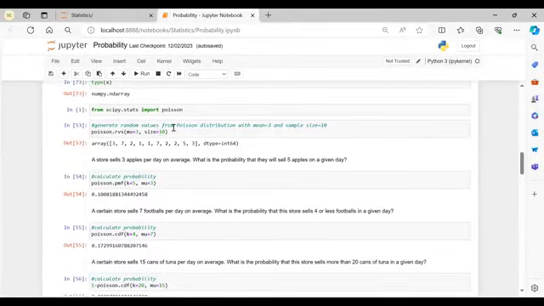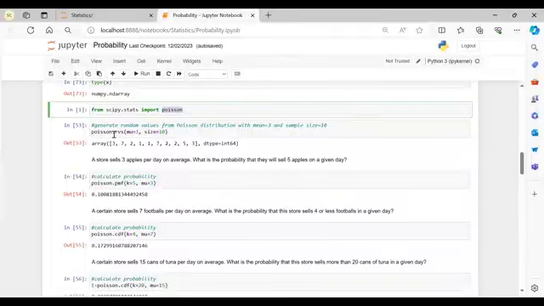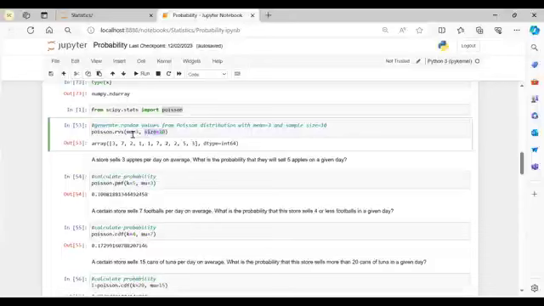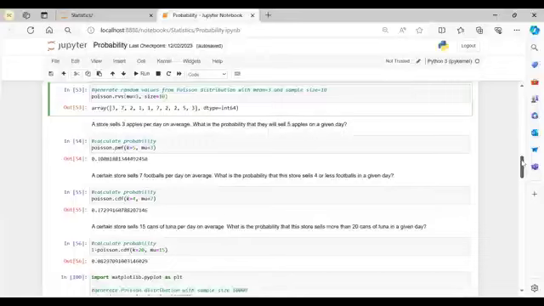Either you can use NumPy, or even with this function you have this RVS method through which you can generate values. So I'm just passing this lambda or mu equal to 3. That means 3 occurrences per interval of time. Size equal to 10, then it has generated the values. And these are all discrete values.